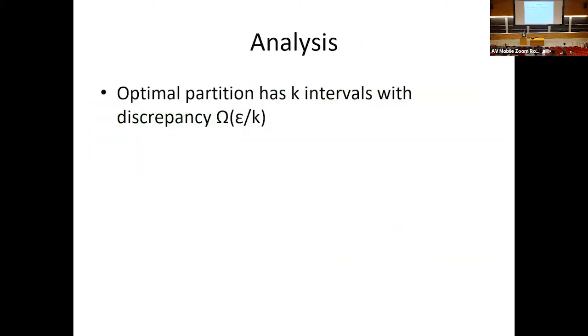Okay, so what's the analysis now? Our optimal partition has K intervals with discrepancy epsilon over K. Each of those has a probability of M epsilon over K of capturing some discrepancy.